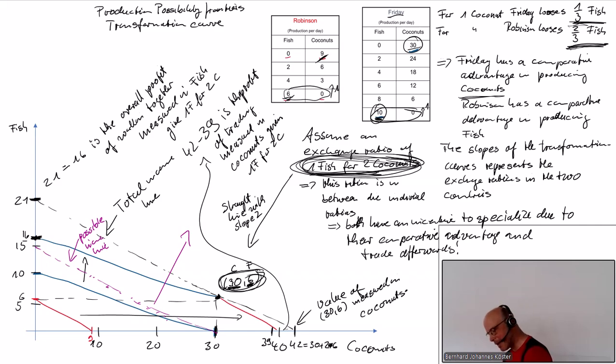Since we have this concave form, first the flatter and then the steeper one, it's clear that we can move out this income line up to this point. So this represents the maximum world income.